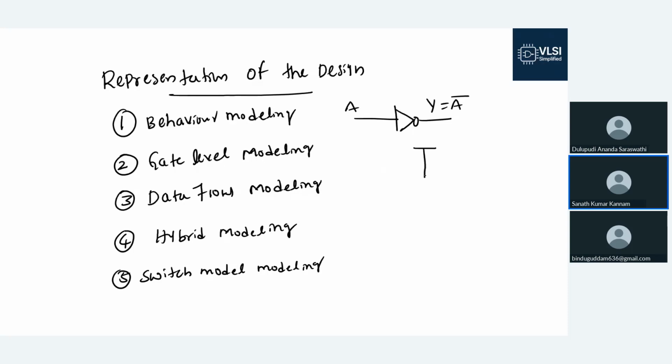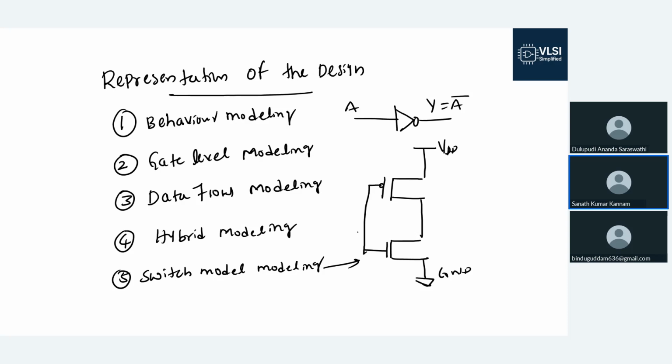This is designed using CMOS, with PMOS as pull up and NMOS as pull down. Here this is PMOS, and here you have NMOS. This is VDD, and this is ground. So for this, if you want to write the program, you can go with the switch level model.